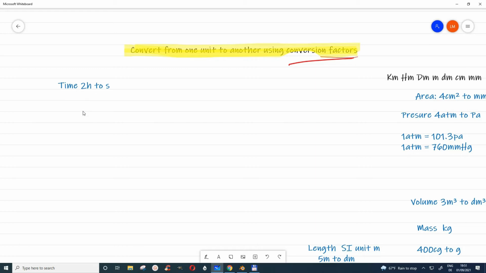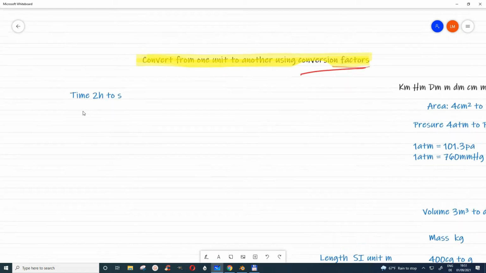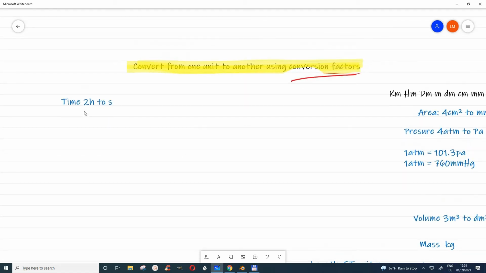Okay, now we write our 2 hours as usual. So we pick our pen, and then I have 2 hours. Now I have to multiply my 2 hours with something here, and I will need some space.